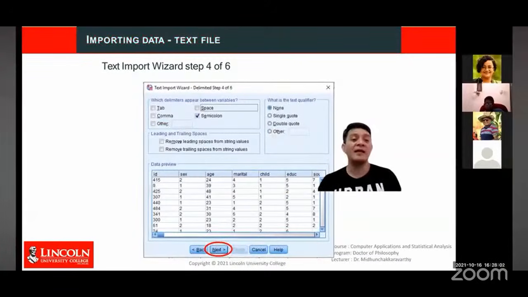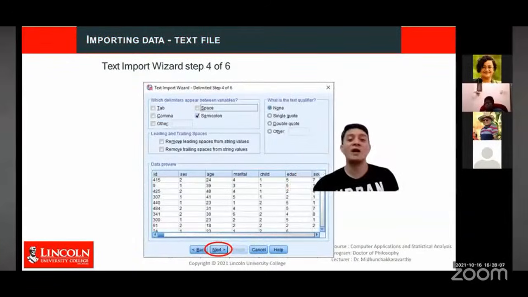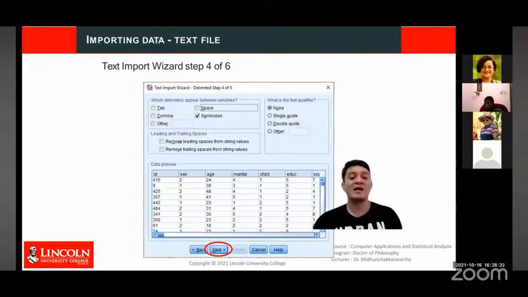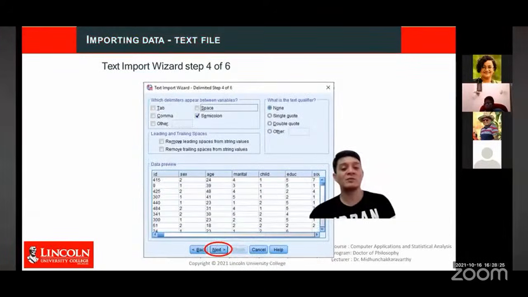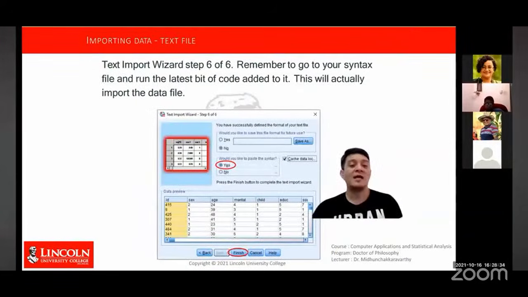You have to click the semicolon, and then it separates what is not supposed to be there, or some separations of the demographic variables, such as gender, age, marital, child, education, and other demographic variables that are available there. So the next one is the variable name. You have to put the variable names because it's so difficult without them. And I will show you how to make the variable names. It has to be a syntax or a variable that you will remember most of the time.